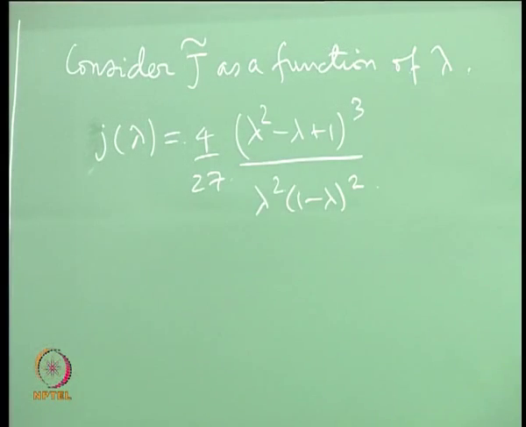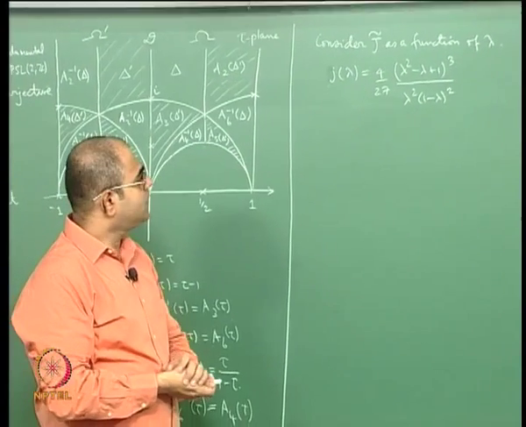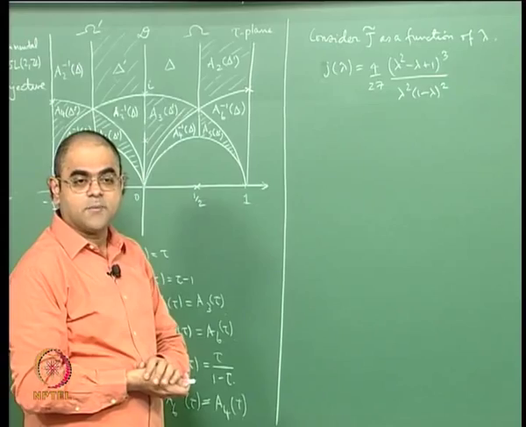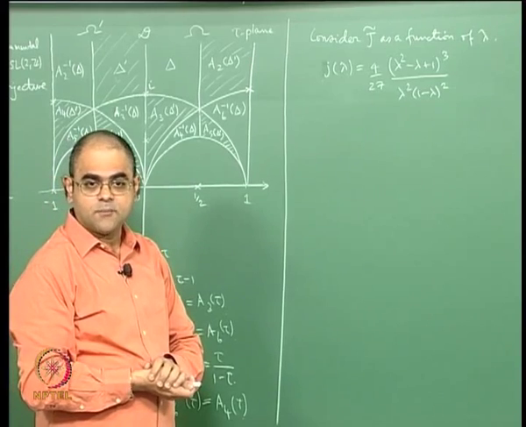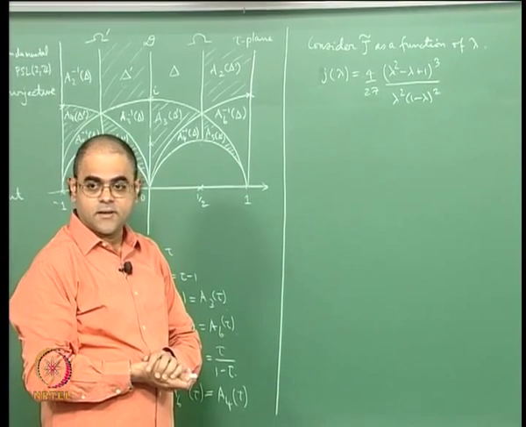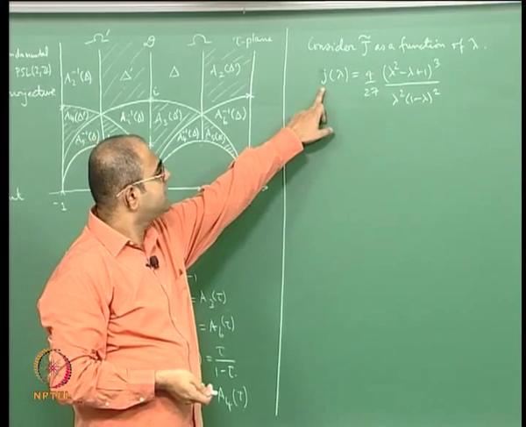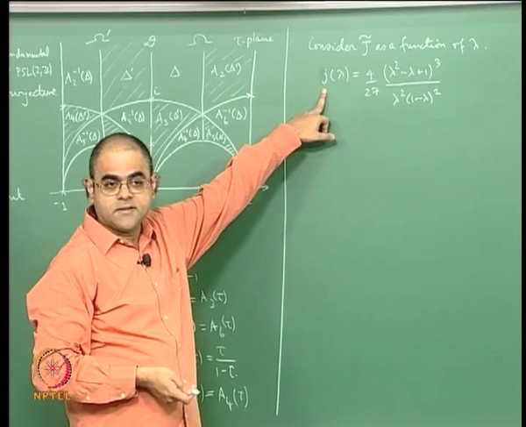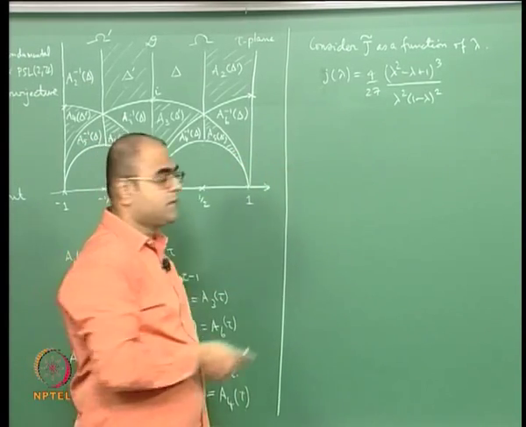Okay, then you see this J is actually a map from the complex plane minus 0 comma 1 to the complex plane, okay. So J is a holomorphic function on C minus 0 1, okay.